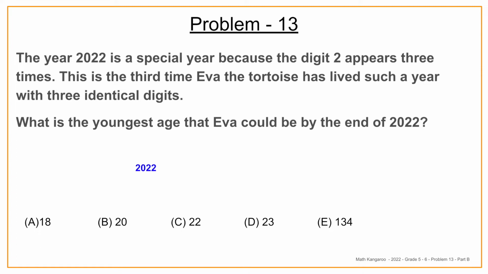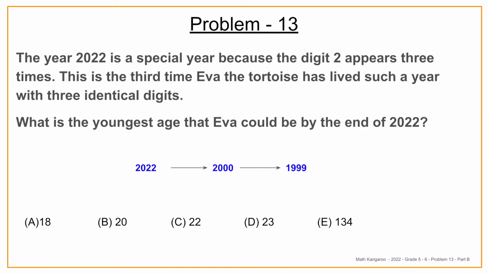Now the next year, before 2022, with 3 identical digits will be 2000, where the digit 0 appears 3 times. Now going backward again, the first year with 3 identical digits will be 1999, where 9 appears 3 times.